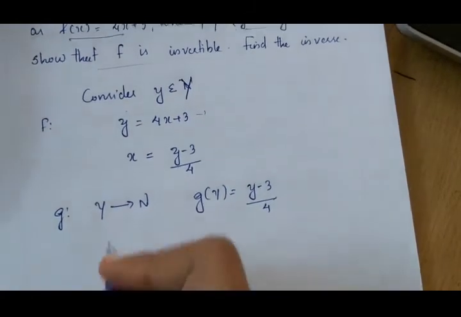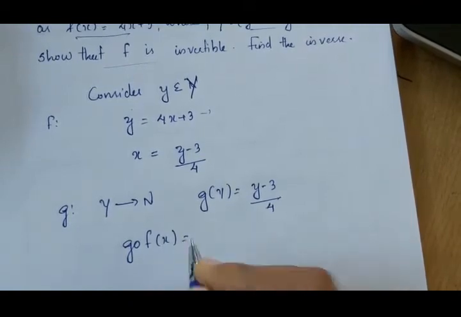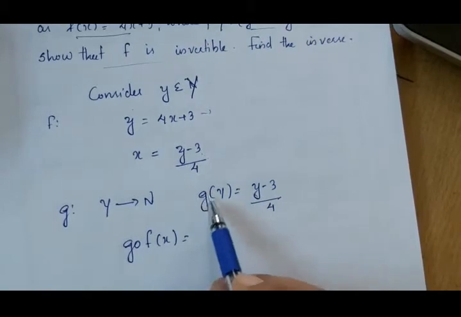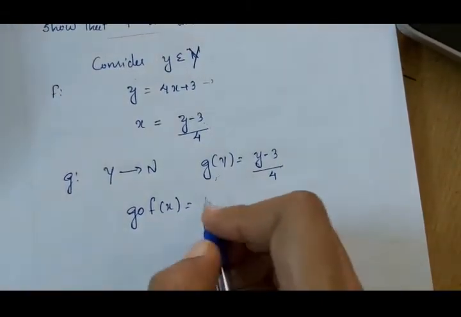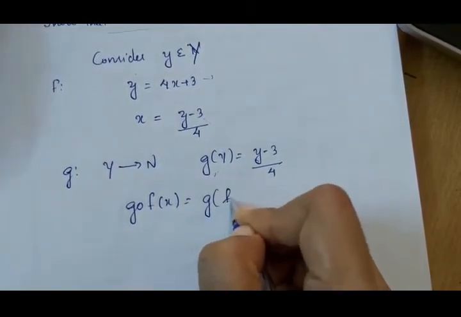Okay, let's find the composition g of f of x. G of y we get from here, y minus 3 divided by 4.